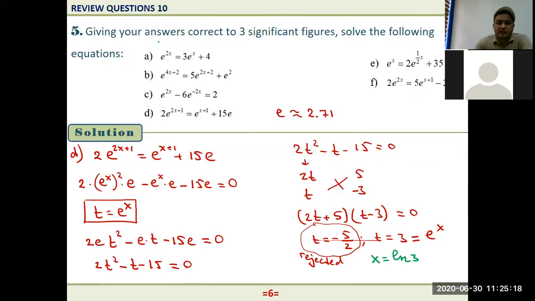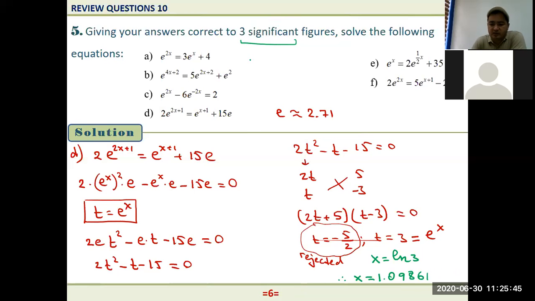The question states to write your answer correct to 3 significant figures, so I have to evaluate and write the answer. X equals natural logarithm of 3, and that's equal to 1.0986 and so on. It continues.